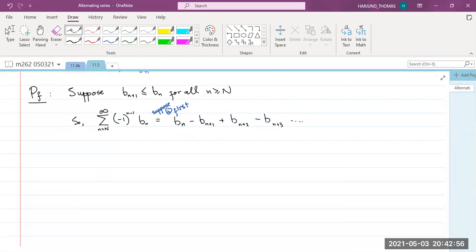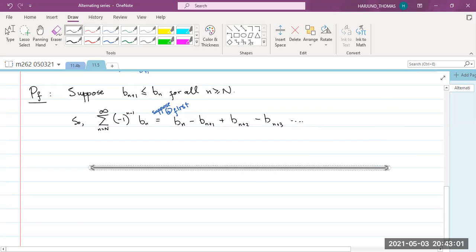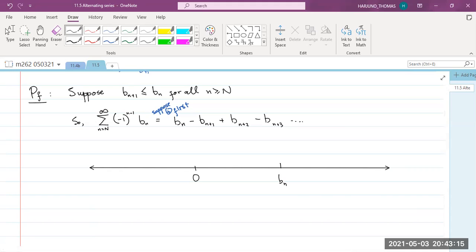Okay, now take a look at this number line. Let's say this is 0. This is b sub n. Now b sub n plus 1 is less than b sub n, the next term has magnitude less than the current term. So when you subtract by that, it will fall here.